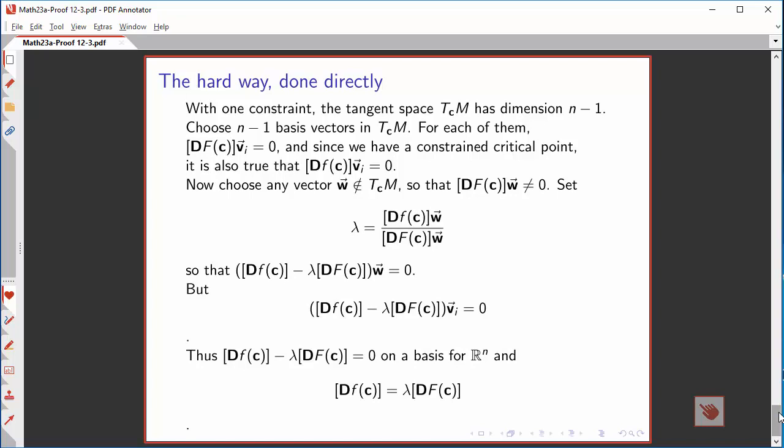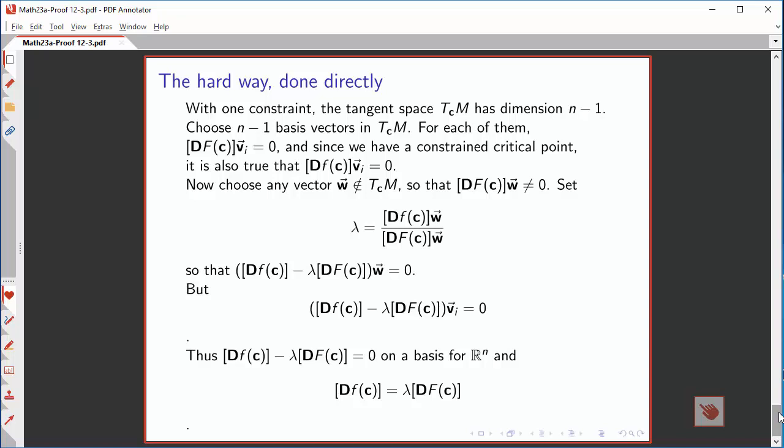But, trivially, d little f minus lambda d capital F acting on any of the n-1 basis vectors in the tangent space also gives 0, for the simple reason that both these things give 0 when acting on V sub i.